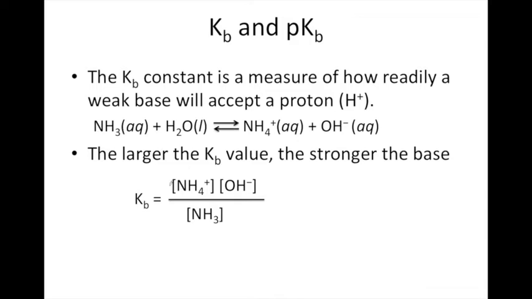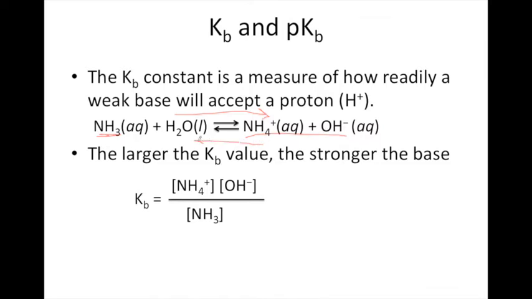So if ammonia had a large Kb value, that means the concentration of our products at equilibrium would be very high relative to the concentration of reactants. In other words, the reaction would proceed very far to the right before equilibrium was reached. If the Kb value was relatively small, the reverse would be true.